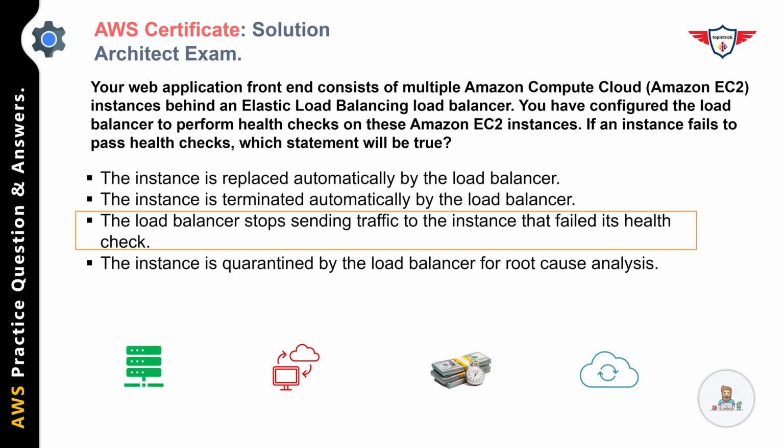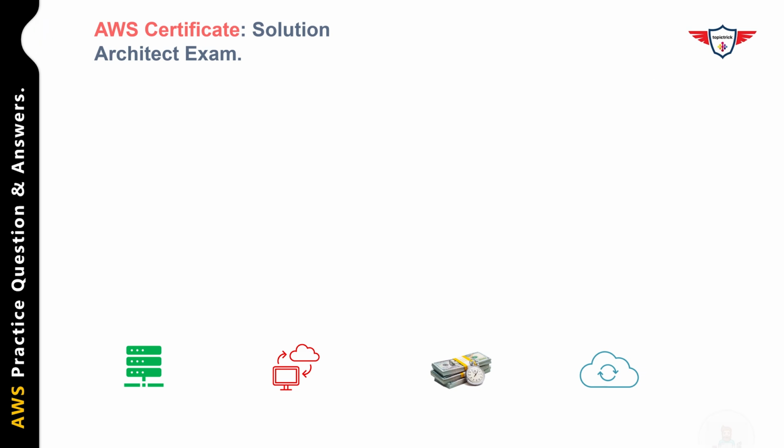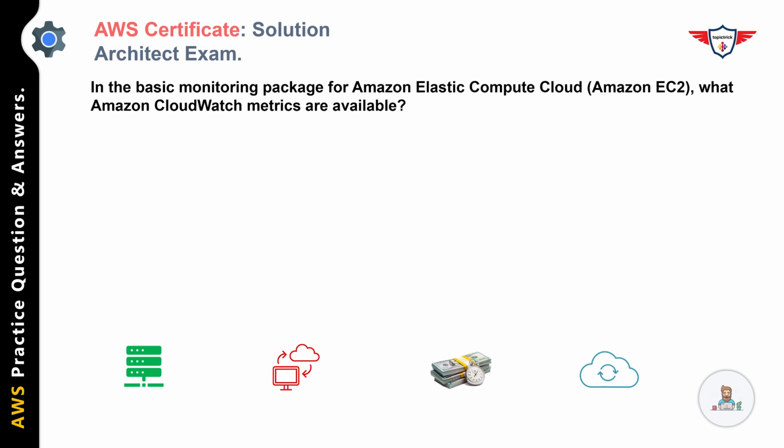In the basic monitoring package for Amazon Elastic Compute Cloud, that is Amazon EC2, what Amazon CloudWatch metrics are available?